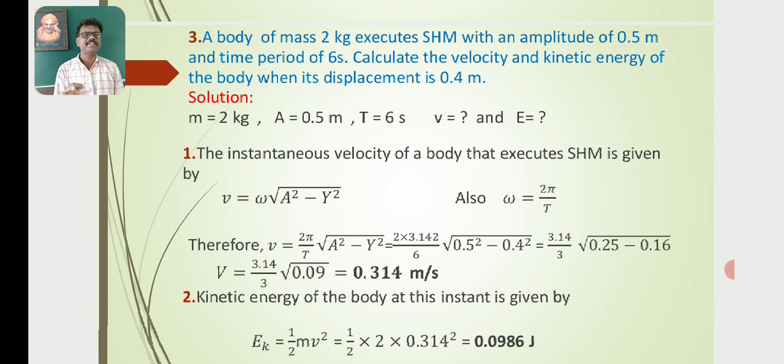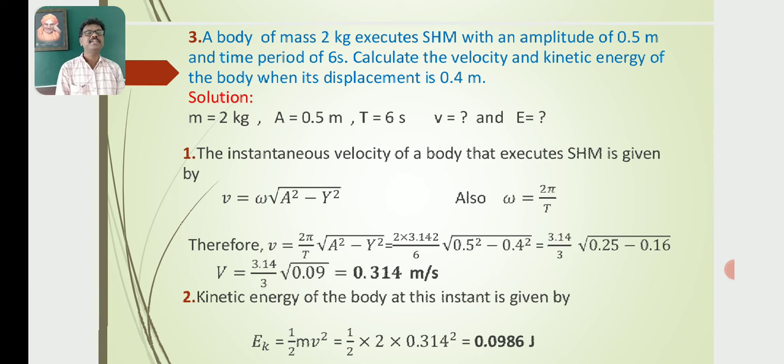The instantaneous velocity of a body executing simple harmonic motion is given by v is equal to omega root of a square minus y square, where omega is equal to 2 pi by T. Therefore, v is equal to 2 pi by T root of a square minus y square, which is equal to 2 into 3.142 divided by T, given 6, root of 0.5 square minus 0.4 square.